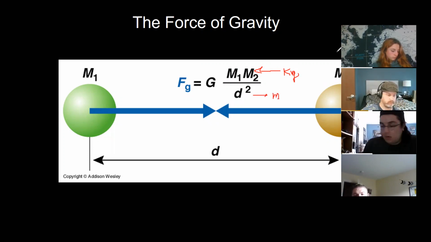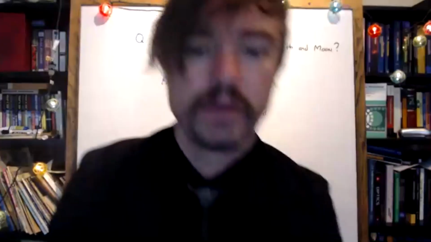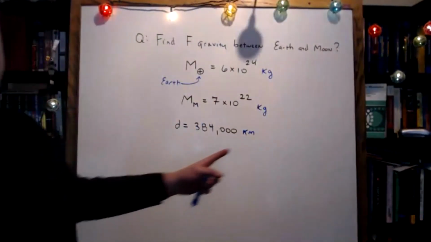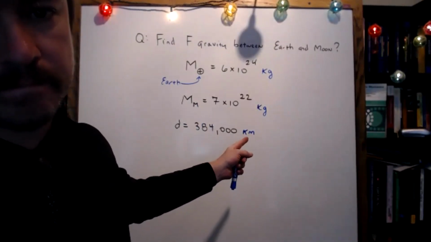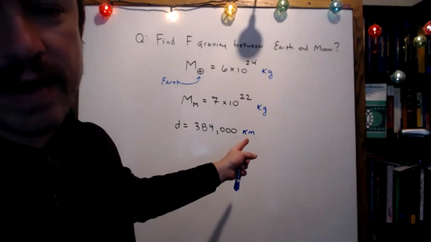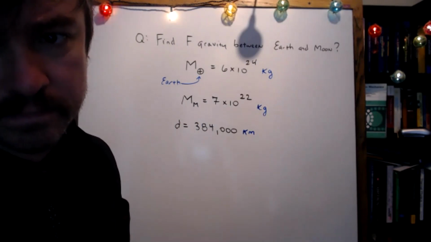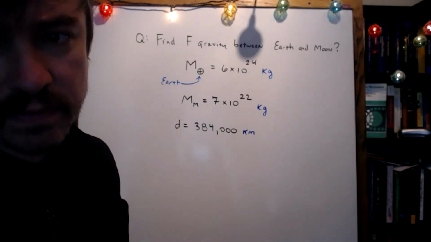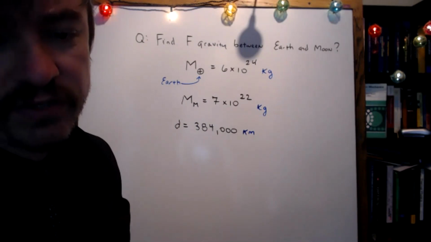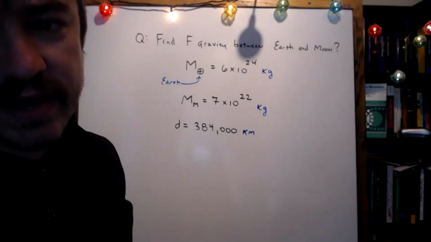No, look, this is our distance. What units were we given? Oh, kilometers. That's a bit of a problem, isn't it? You know where I'm going with this, don't you, Andrew? Andrew, I'm going to need you to convert kilometers to meters using dimensional analysis. That's the only way I can do this problem.